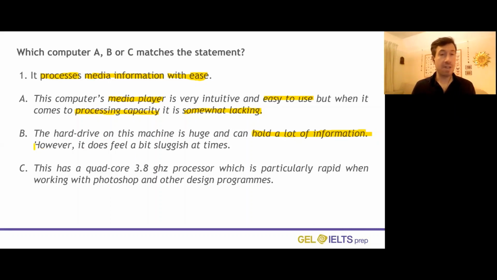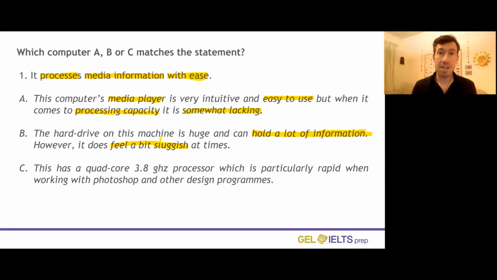And then if we continue that sentence, it says, however, it does feel a bit sluggish at times. Sluggish means it is slow, a bit slow. So that's the opposite of process information with ease. So this sentence again is not correct and it contains distractors.